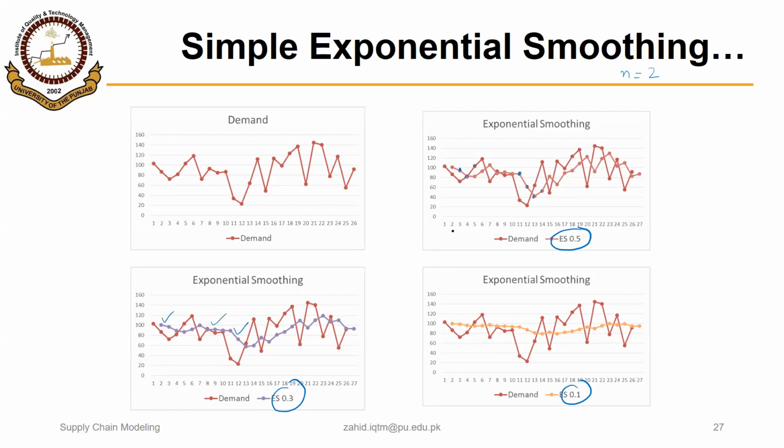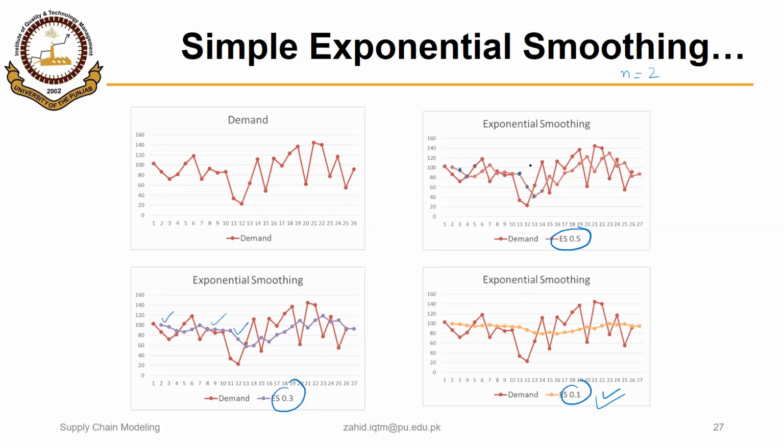In other words, the smaller the alpha, say 0.1, the more smoothing there is, and the forecasts are closer to each other, but the forecast does not respond effectively to the changes in demand. At the other extreme, when alpha is large, the forecast responds very well to the changes in demand, and there is less smoothing.